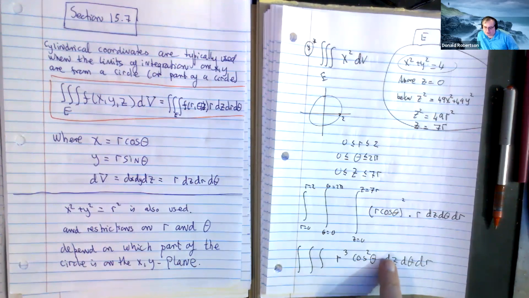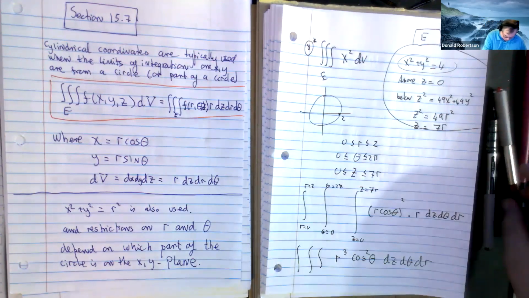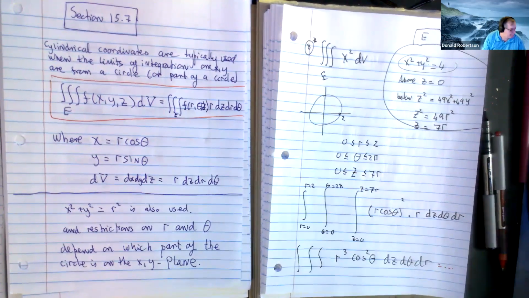Once you did that, you'll have an integral that only has r and theta in it. I think this one does variable separable, so that will be a bit nicer to do. But that's as far as I'll take that.